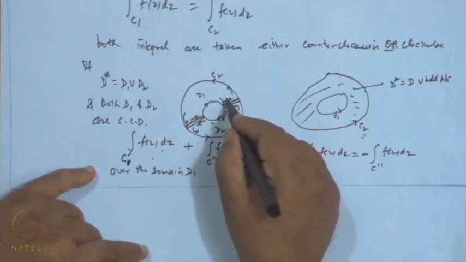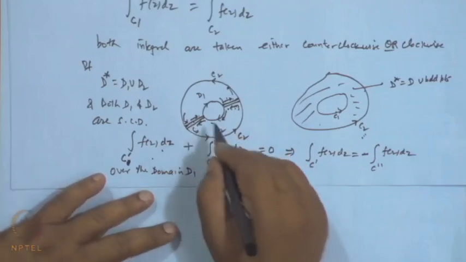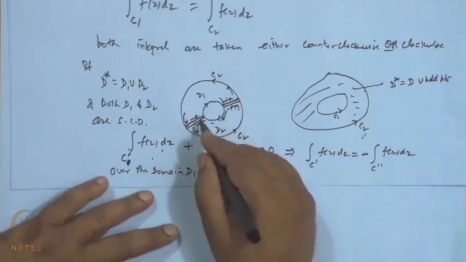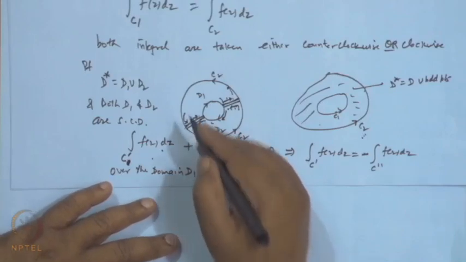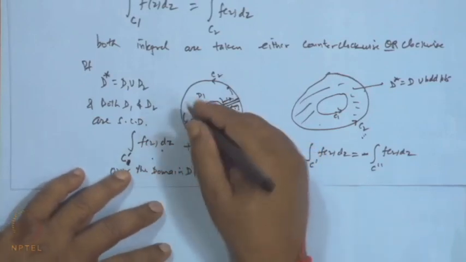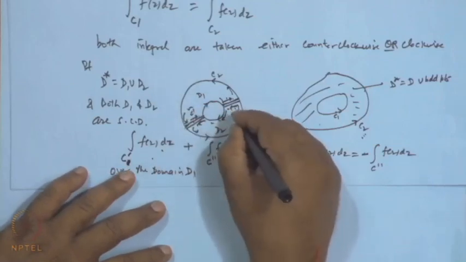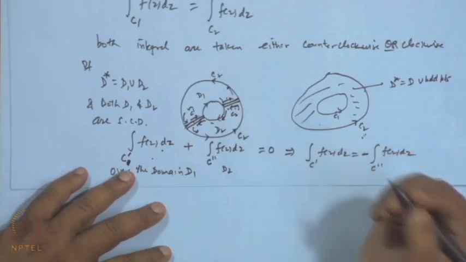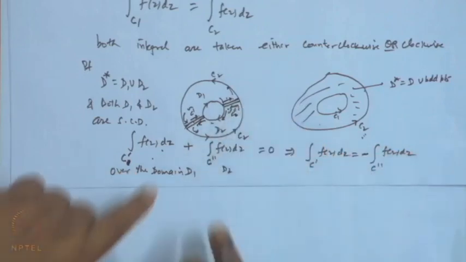So, the value of the integral along these two cuts will not contribute, it will be 0. So, we do not have any value either added or subtracted over the arcs, which we call C1 dash delta and C2 dash, C double dash delta, this one.